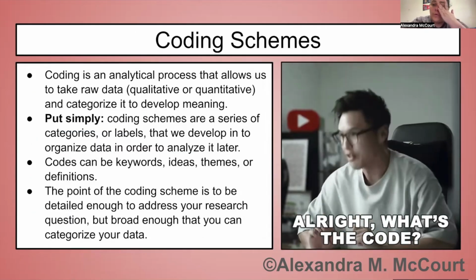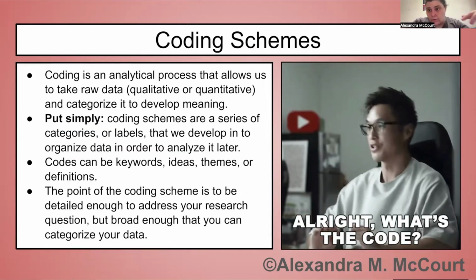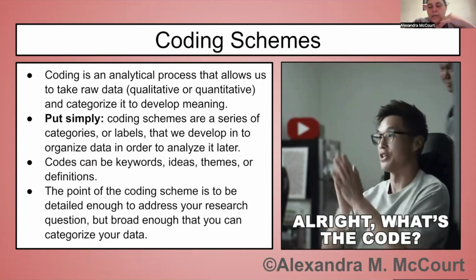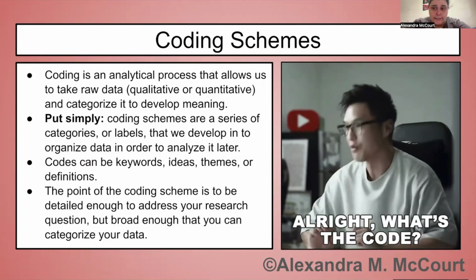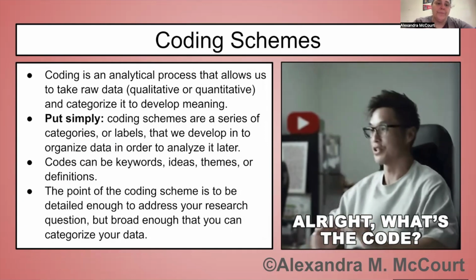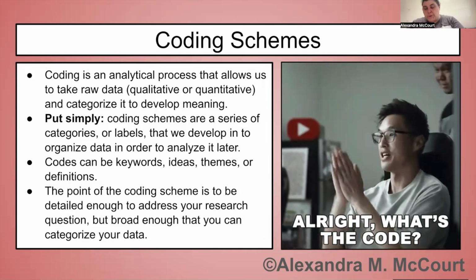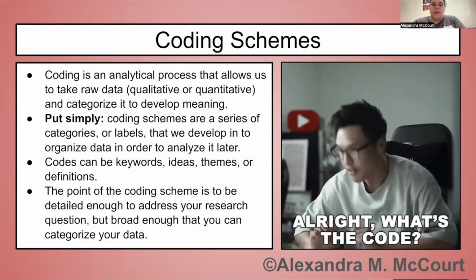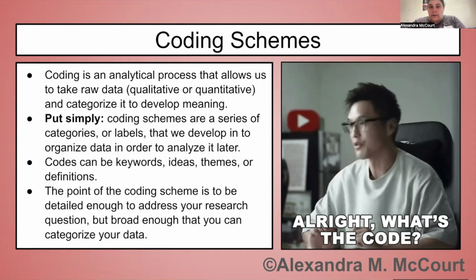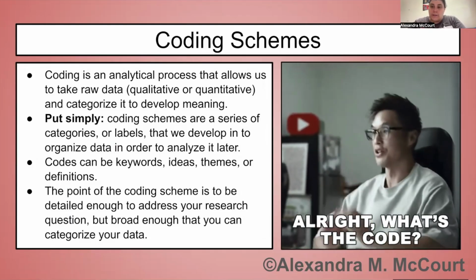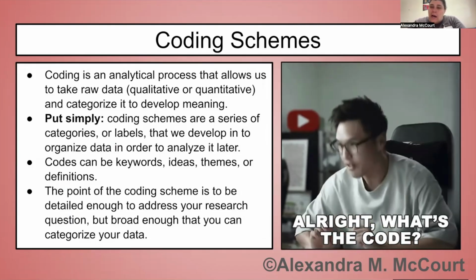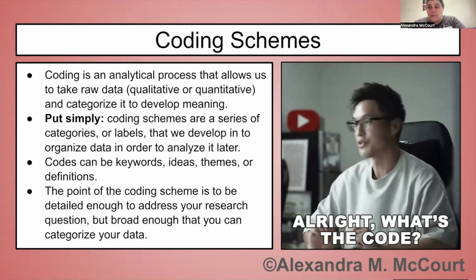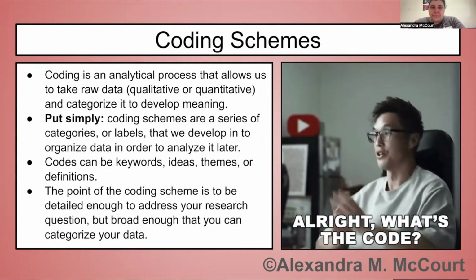So let's talk a little bit more about coding schemes just in general, and then I will demonstrate how thematic analysis and coding schemes can look in a synthesis matrix in the following video. So coding, as we refer to in the social sciences, is a specific analytical and methodical process that allows us to take raw data, and this can be qualitative or quantitative, and categorize it in order to help us develop meaning from that raw data.